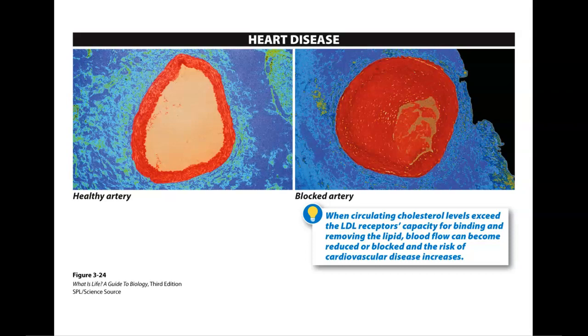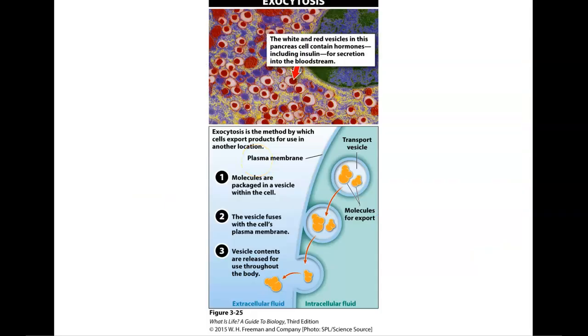As you start to take in LDL, which is referred to as the bad cholesterol, it's going to start to cause the buildup or blockage of cholesterol in that artery. And so that lipid that's going to form there is going to prevent blood flow from going through the artery. Eventually, it will become completely blocked. And that's going to give you risk of cardiovascular disease, or it could give you risks of strokes, heart attack, things like that.